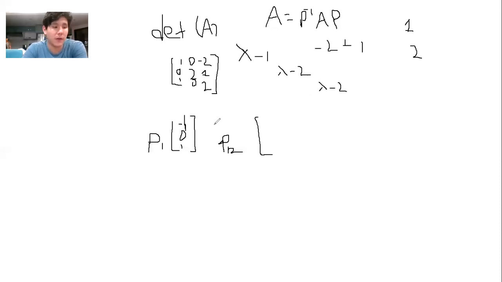So in this case, it's going to be 1. So in this case, we can see 0, 1, 0. And our last p is minus 1, 1, and 1. So we have our three p's.